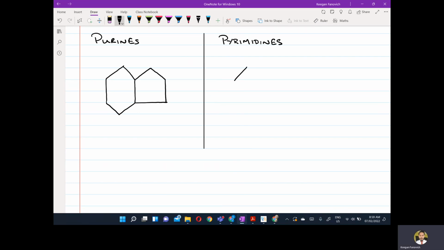So it's only the first ring. And these are pyrimidines. Now, usually for ease, when we're drawing these diagrams, we tend to represent either one of them as just a rectangle, right? Either one of them is usually represented as just a rectangle.